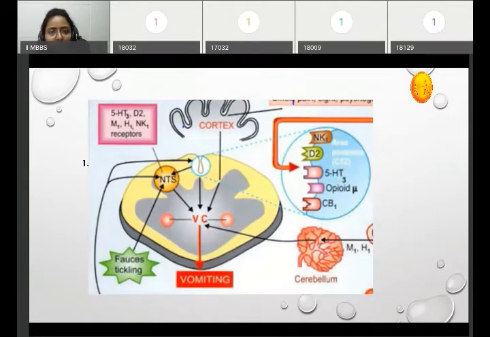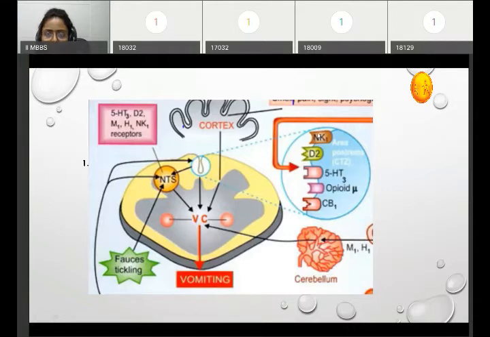In this figure, this is the CTZ in the area postrema of the medulla oblongata, and this is the NTS area. These two are the vomiting centers in our body. So any stimulus coming to these areas may cause emesis or vomiting.